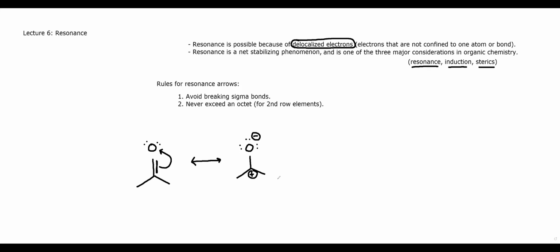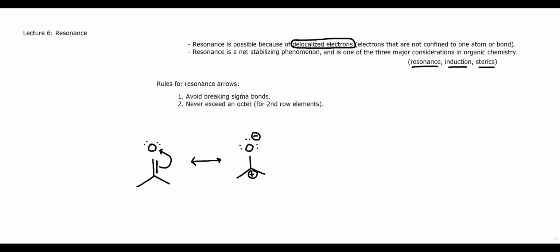It's a good rule of thumb to make sure that your resonance structures all have the same overall charge. So if you start with something that's neutral, your resonance structures should be overall neutral. We have 1 positive, 1 negative, so overall neutral. Okay, so this is one type of resonance arrow we can draw. And this arrow is perfectly fine because we're not breaking any of our rules.